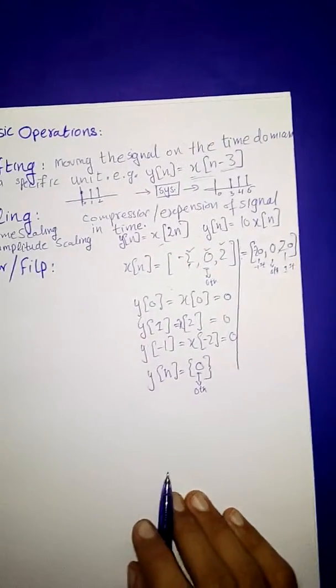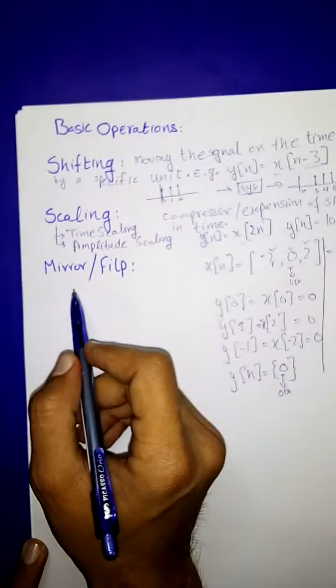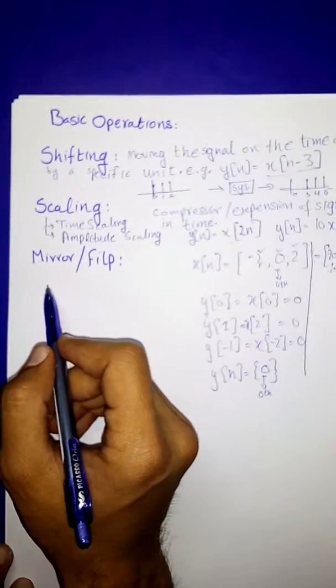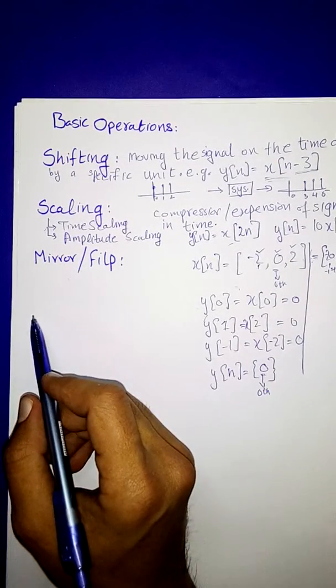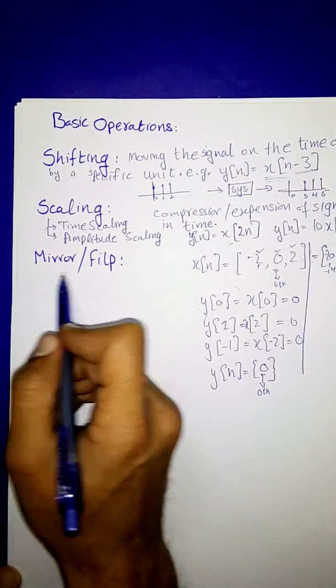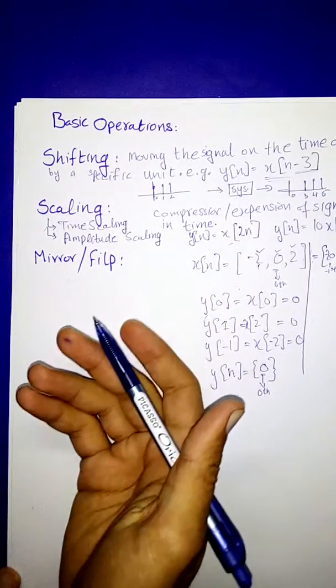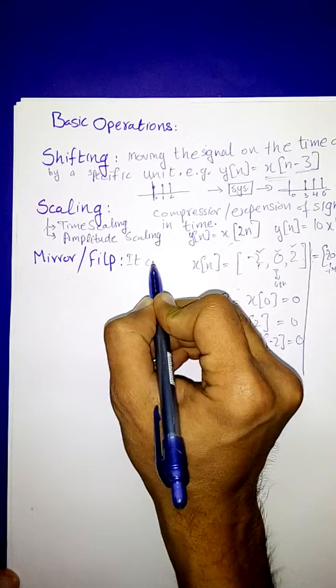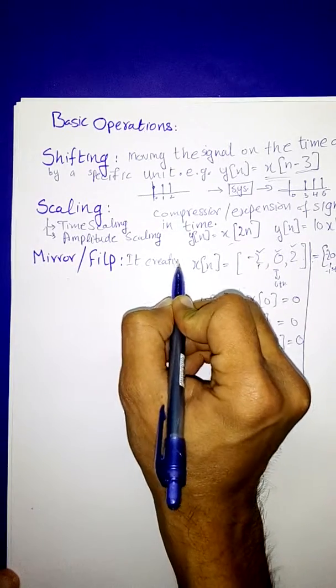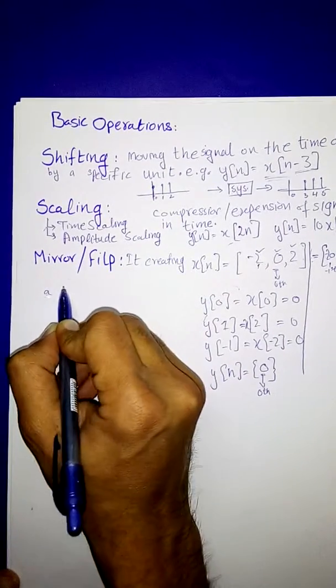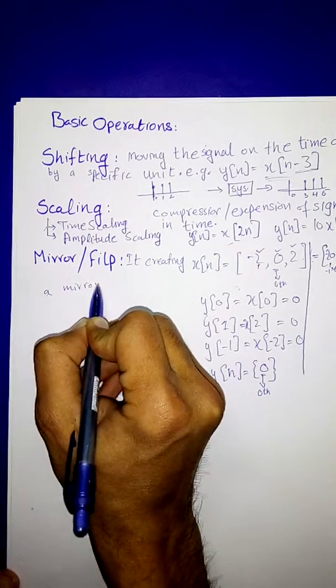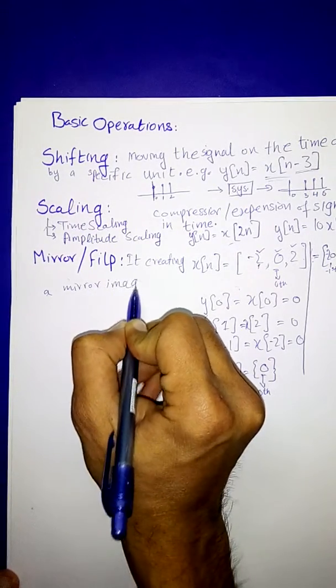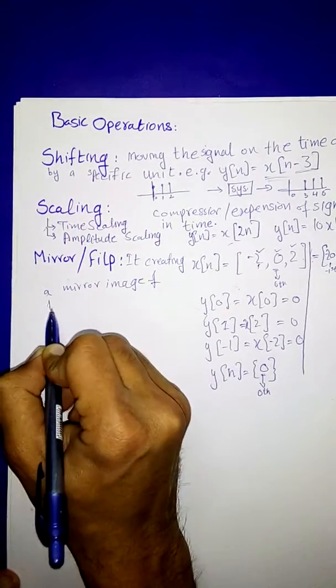Now the third operation which a system can perform is called mirror or flip. This is basically creating a mirror image of the signal.